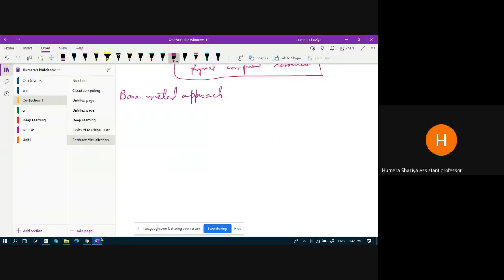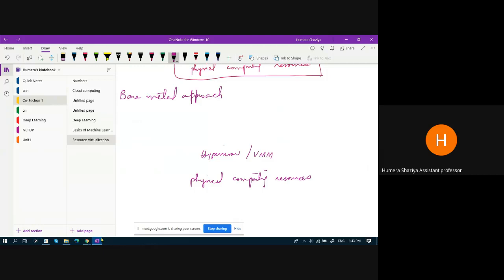Bare metal approach means you are removing the host operating system layer and you have physical computing resources. You have hardware, processor, memory, disk. On top of it, you have the hypervisor, also known as VMM, virtual machine monitor.